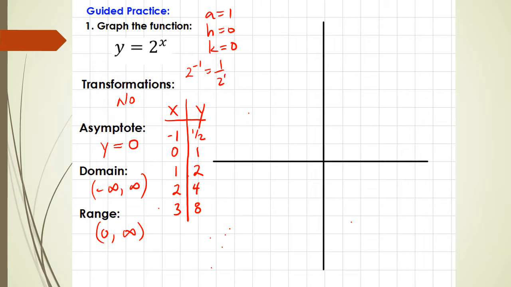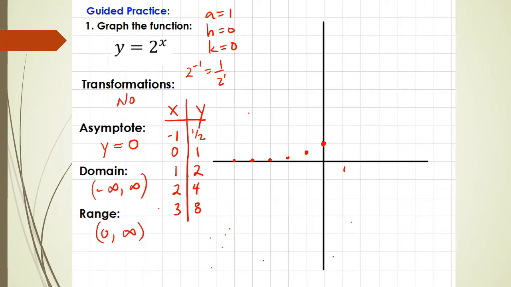Okay, so if I plot these points, I've got 0, 1. I'm going to go backwards to negative 1, 1/2. And negative 2 is going to be a quarter, and then an eighth, and then a sixteenth, and so on and so forth. It gets really close to 0, basically, but it never gets to 0.